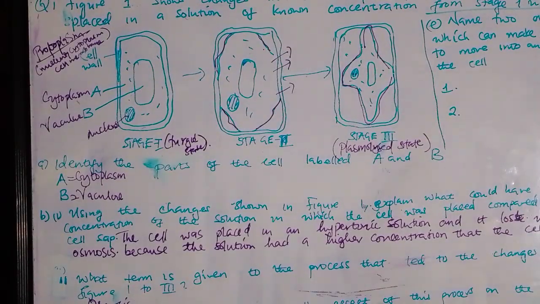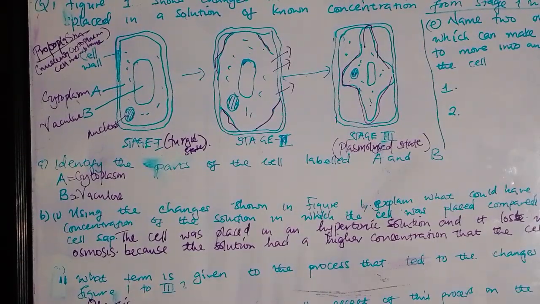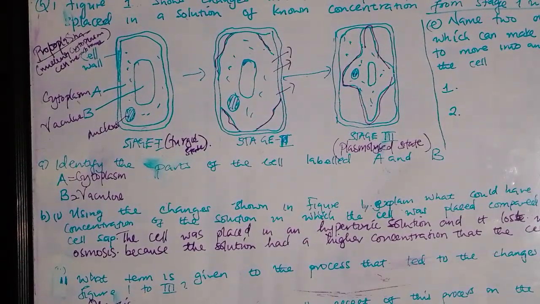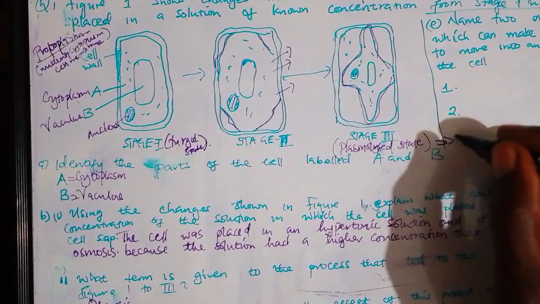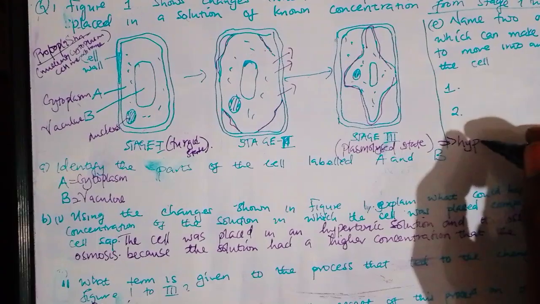Now, how does turgidity come about? Turgidity comes about whenever you place something in a hypotonic solution. When something is placed in a hypertonic solution, the cell becomes plasmolyzed. Yes.